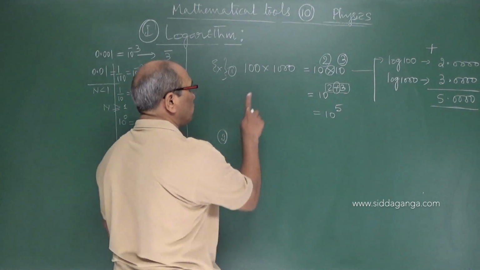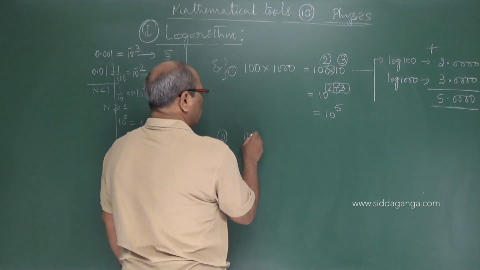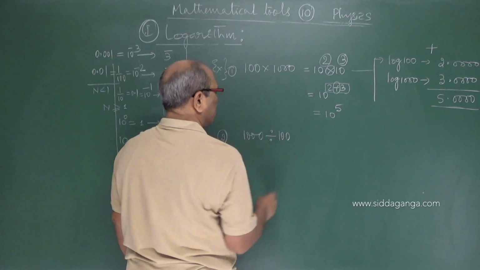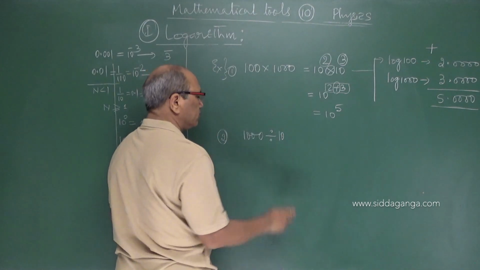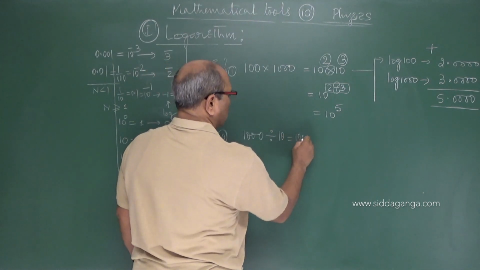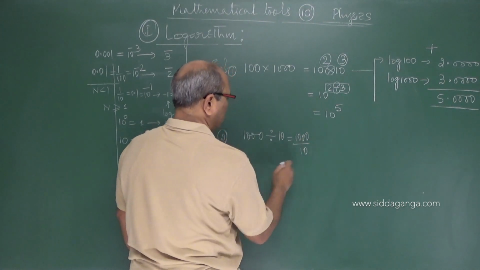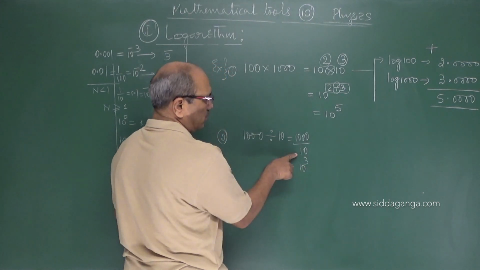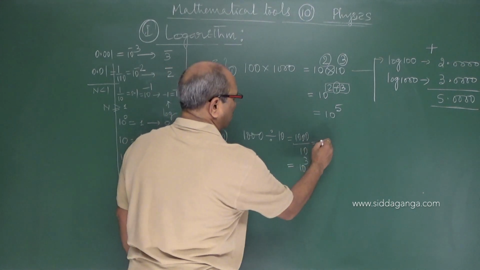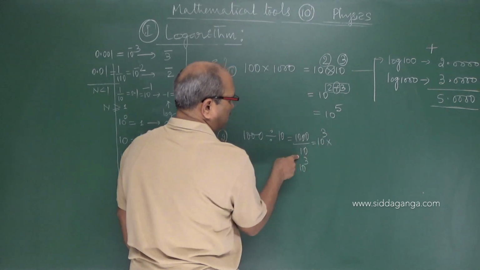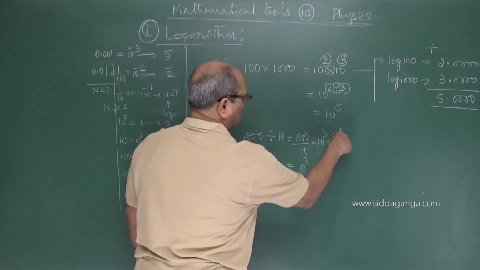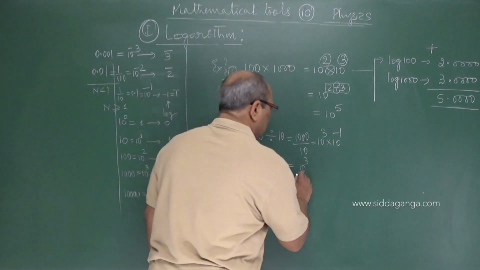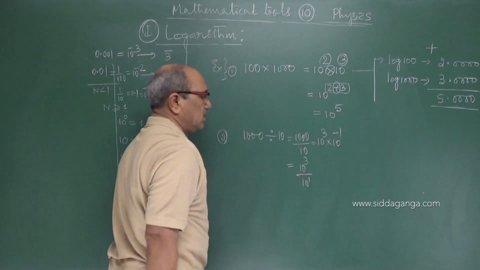See, take the second example similarly. Let this be 1000 divided by 10. This you are writing as 1000 by 10, which can be written as 10 power 3. If I take it to the numerator, it is 10 power 3 into 10 power minus 1. So 10 power 3 by 10 power 1, a division rule.